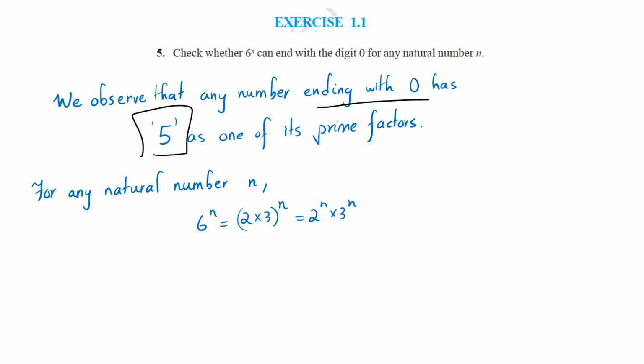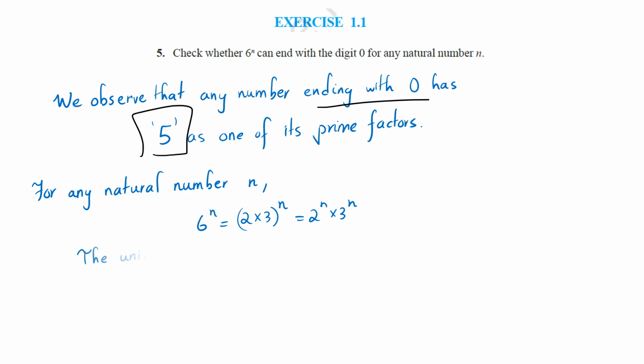But guess what we have done? We have written 6 to the power n as a product of primes, right? And do you recall the very first theorem that we learned in this chapter? We learned the fundamental theorem of arithmetic, which states that any composite number can be written as a product of primes. So here we have written 6 to the power n as a product of primes, correct?